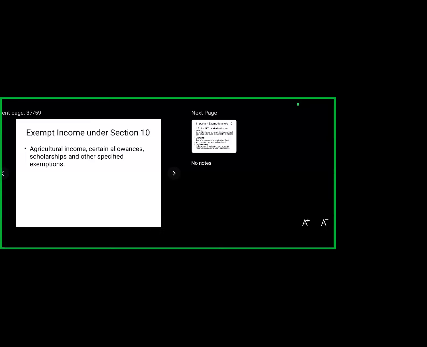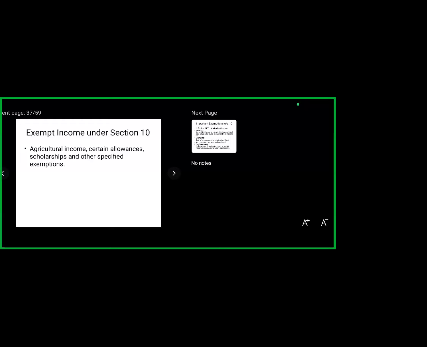What about educational allowance? If it is utilized for children, it is not exempted fully but partly it is exempted. 100 per child, so 200 for 2 children, because a maximum of 2 children is allowed, for 12 months. 2,400 deductible.